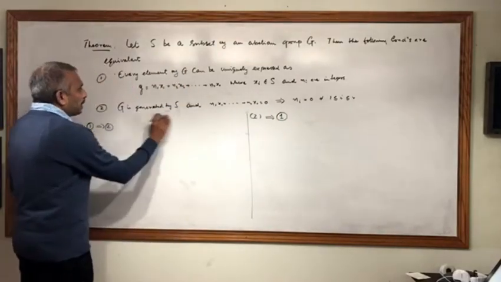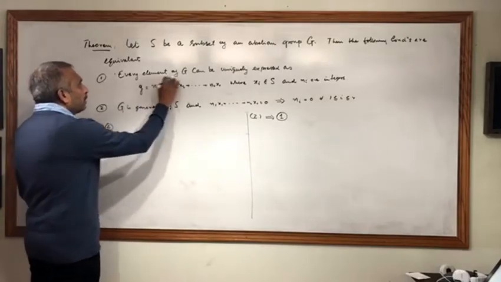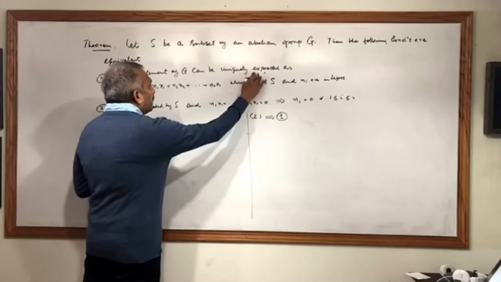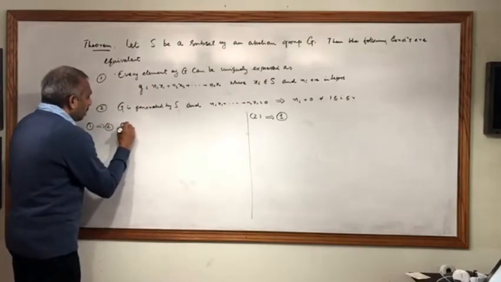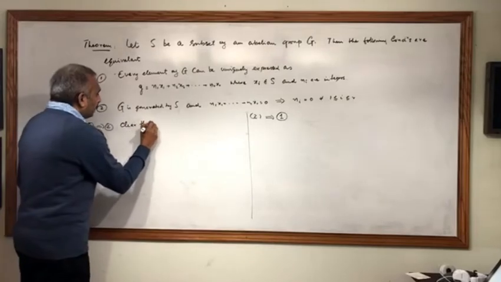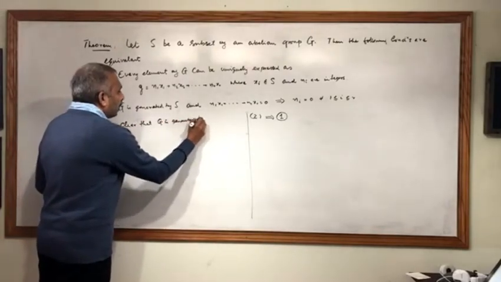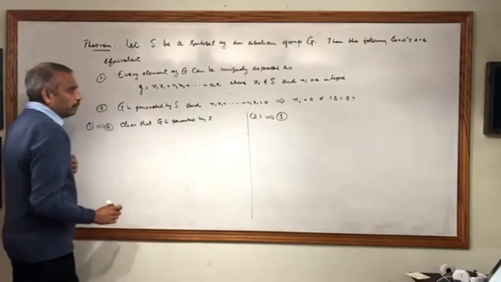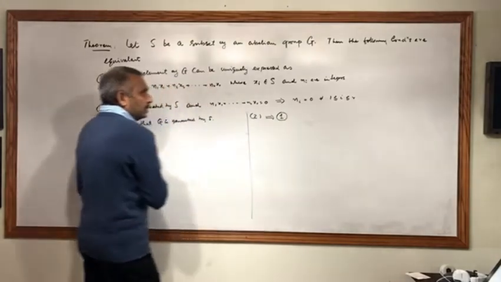But the first part is very clear because it clearly says that every element of G can be uniquely expressed as this. So it's clear that G is generated by S. But we still have to prove that if this is true, then all ni's are 0.